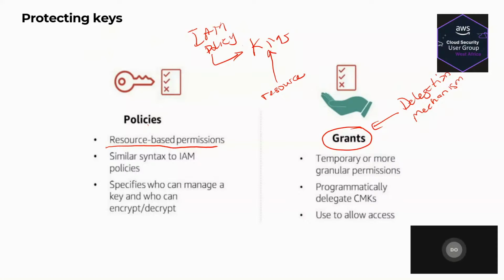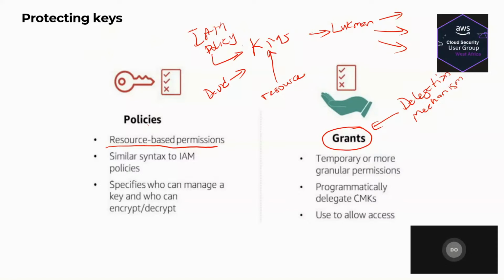So instead of me going to IAM and saying I want to grant David permission to this, what I'm going to do is I'm going to give Lukman the permission to grant permissions to other people to the keys in KMS. So they don't have to be coming to me all the time if they want access, right? Lukman can assist them and give them whatever access that they may need.